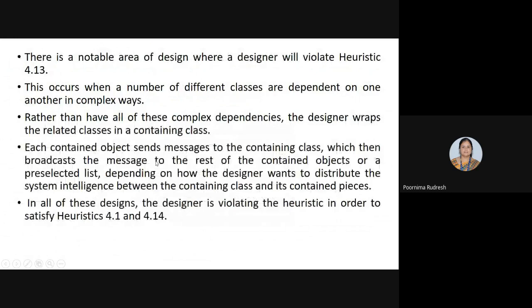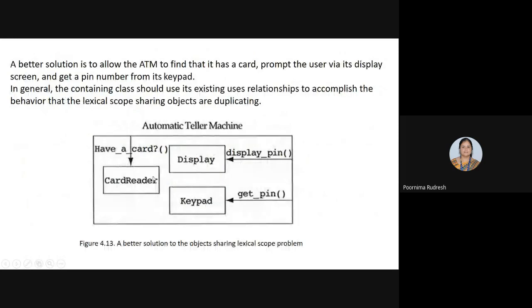Each contained object sends a message to the containing class. Then in turn the containing class broadcasts that message to the rest of the contained objects. Suppose we consider this example: the card reader is a contained object in the containing class ATM. The card reader sends the message to the automatic teller machine, the containing class.